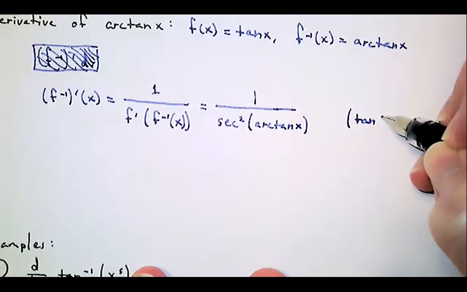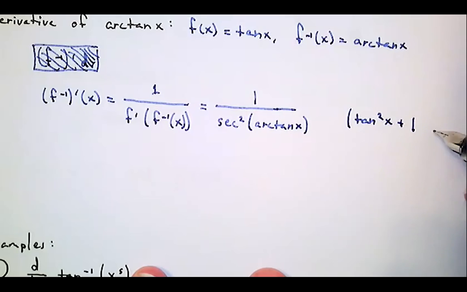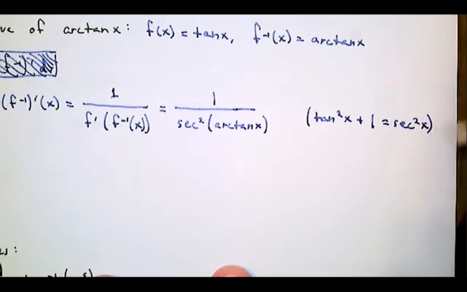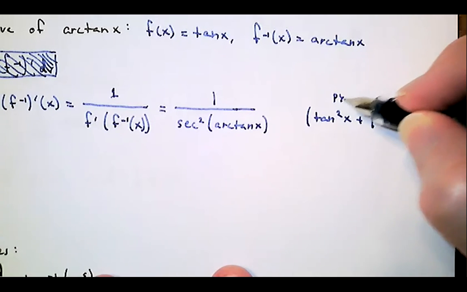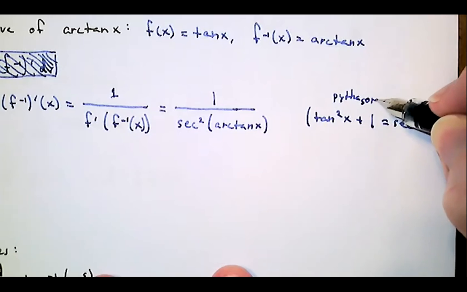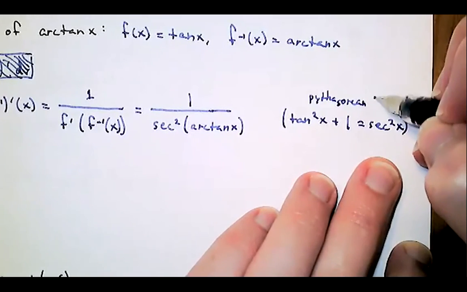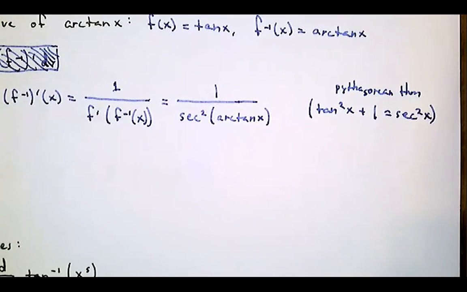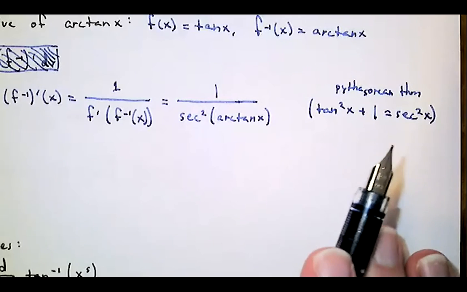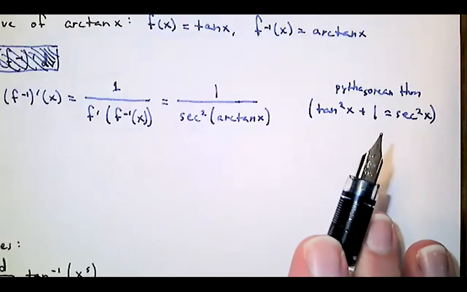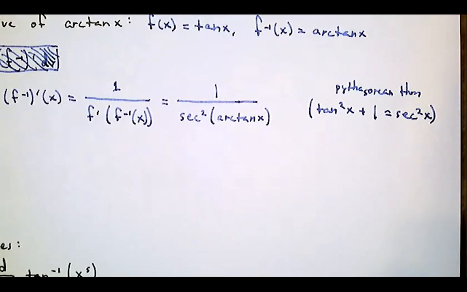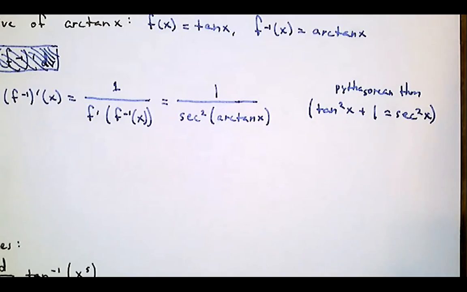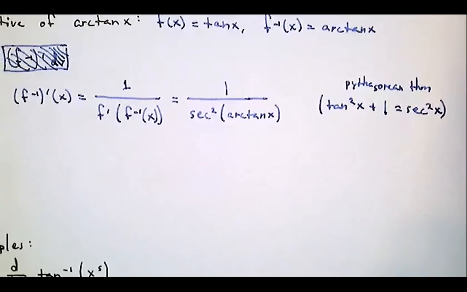This is the one where tangent squared plus 1 is equal to secant squared. This just comes from the Pythagorean theorem. If this particular formula seems unfamiliar to you, it's probably a good idea to go back and review some of your trigonometry. Like last time we used the formula sine squared plus cosine squared equals 1. And this is just another version of that you should be familiar with.